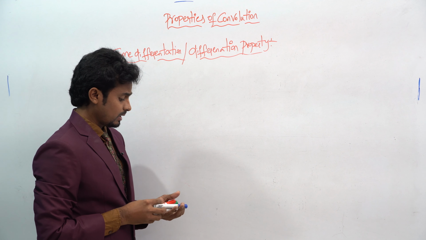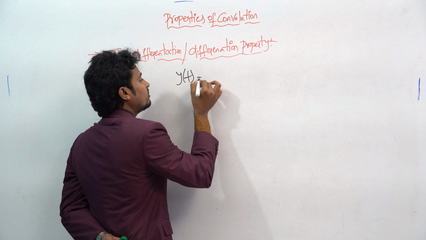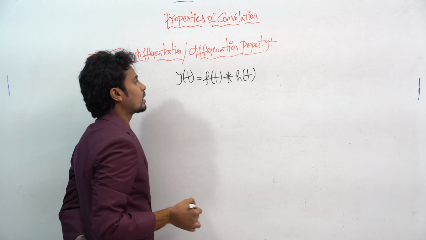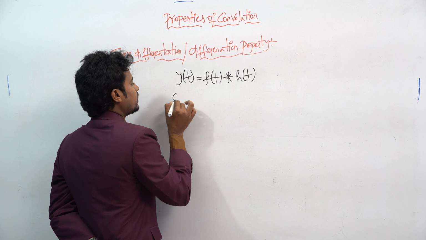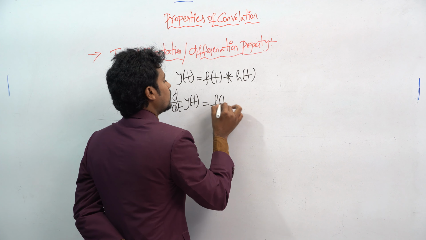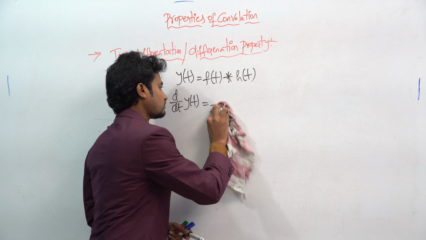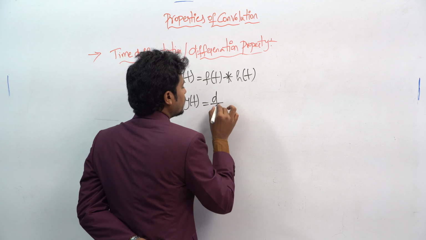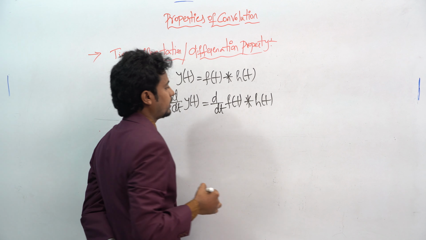Here you can see, if you want to write y of t equal to f of t convolved with h of t, and I do the differentiation, what will happen? d by dt of y of t will be equal to d by dt of f of t convolved with h of t.